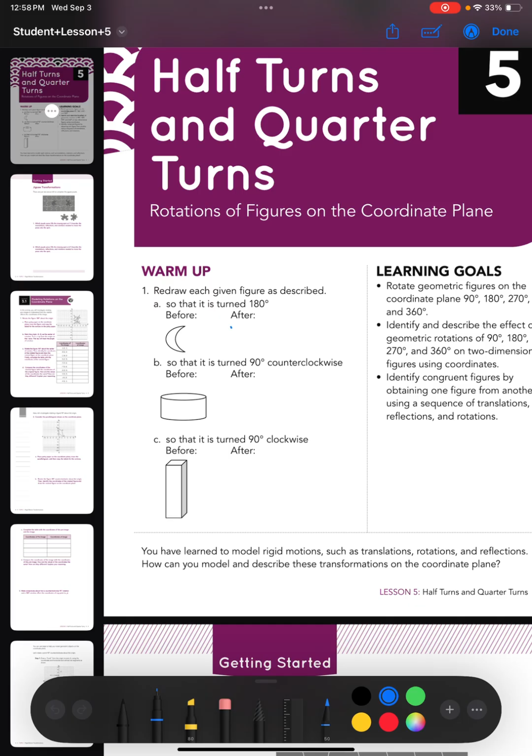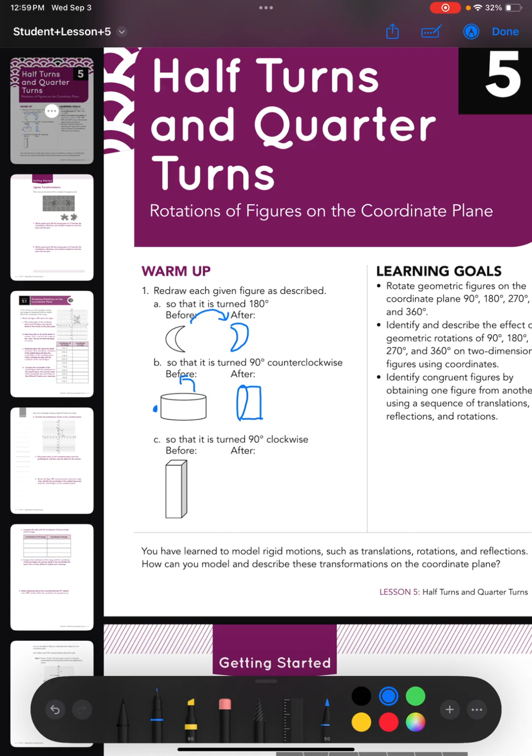So it's going to look like this, as if it was rotated around 180 degrees. 180 degrees makes a straight line, so it's flipped completely all the way around, past 90, and then we keep going. B, 90 degrees counterclockwise. If we make that counterclockwise 90 degrees, it's going to be standing on this end as the bottom. See how good my drawing is here. It's going to look something like that.